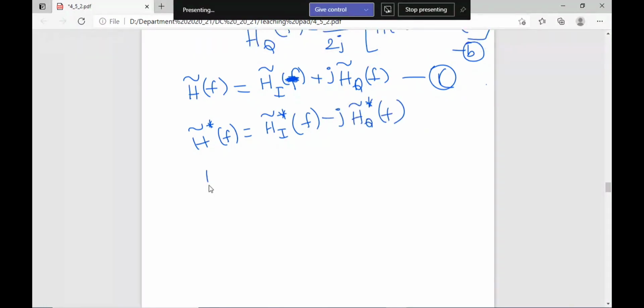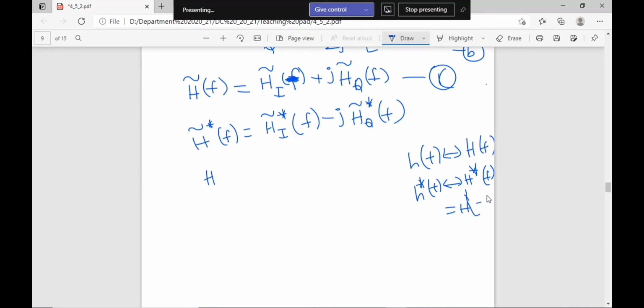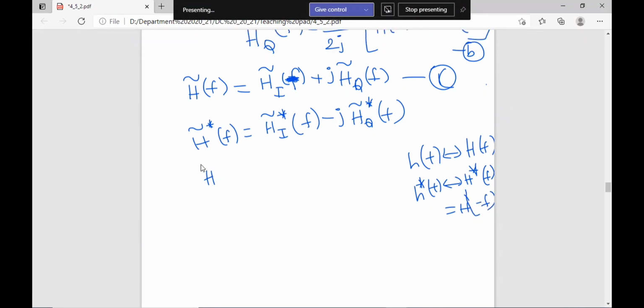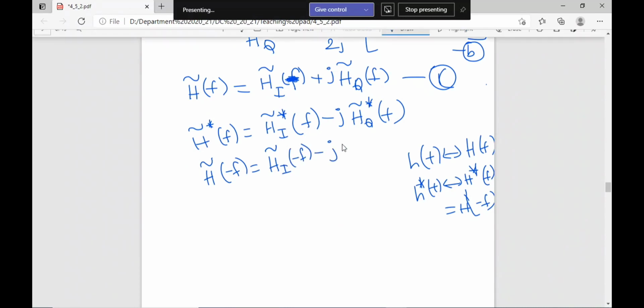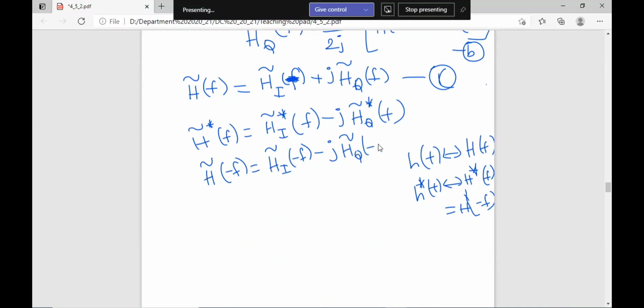Okay, fine. So this I'll write as, we know that for h of t, if its transform is h of f, then for h star of t, it will be h star of f, which can be represented as h of minus f. The same thing I'll use here also, so it will become h star of minus f, which is equal to hi of minus f minus j h star minus f.